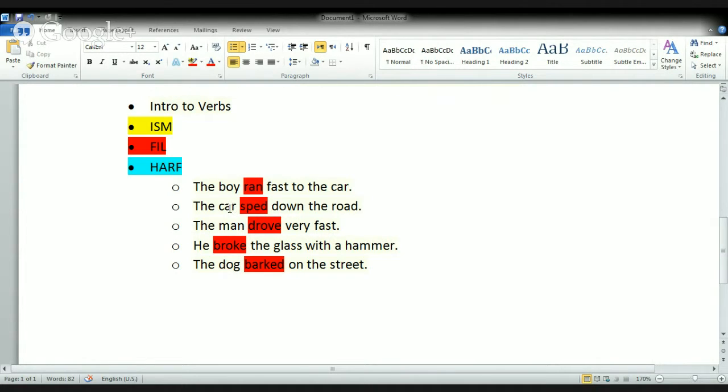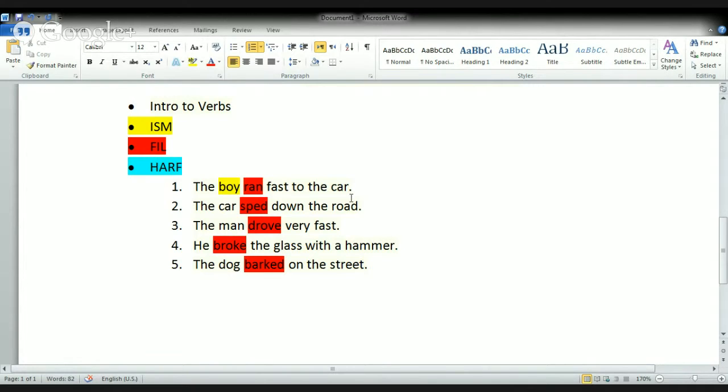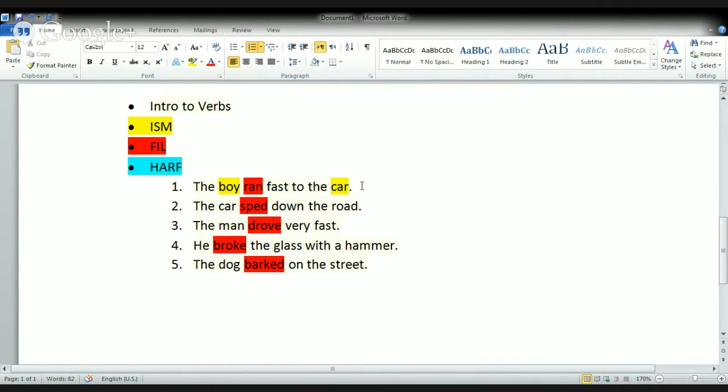So now, just to reiterate some of the old examples we've done, let's go back to the first sentence. What are all the isms here? Boy and car. Okay. Anything else? Fast. Remember, nouns or isms consist of a person, a place, a thing, an idea, and adverbs and adjectives as well.